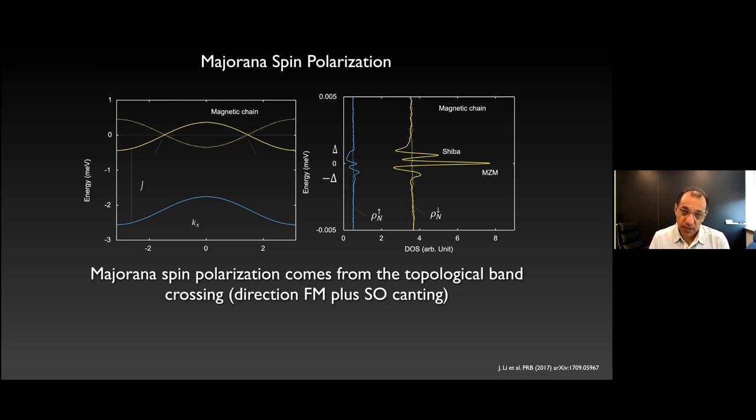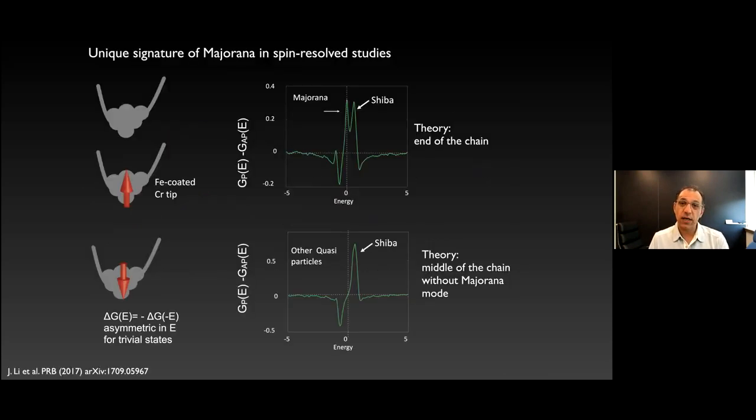One of the experiments which we thought about doing, which we did in 2017, was to use spin polarized STM. The signatures of in-gap states that are trivial and the signatures of in-gap states that are Majoranas are actually distinct in the spin polarized STM measurement. It has to do with the fact that the spin polarization of in-gap states basically derives, as shown in the theory paper, from the spin polarization of the normal state.